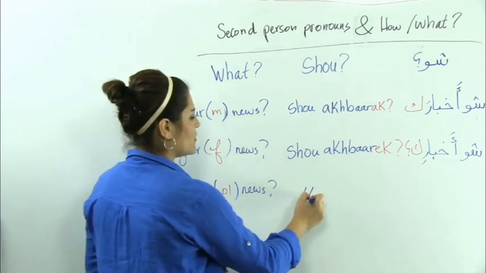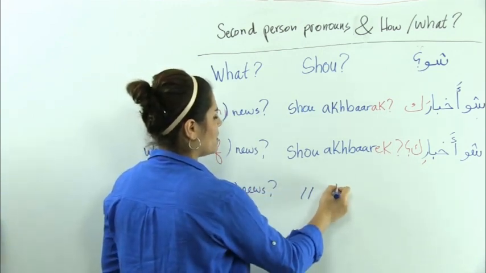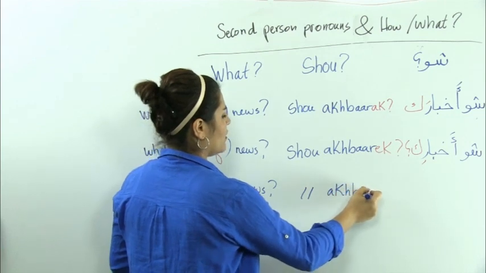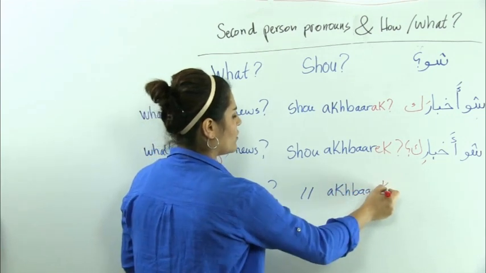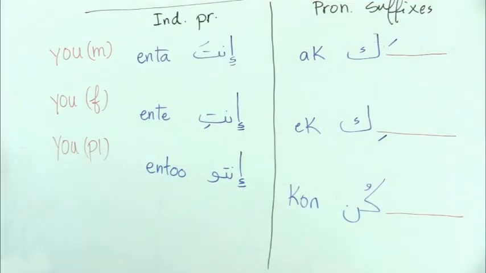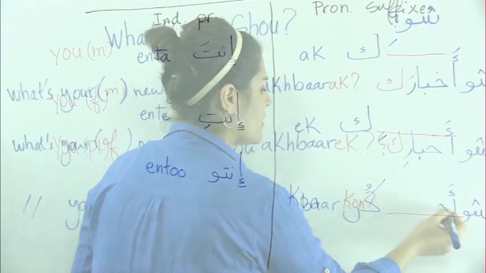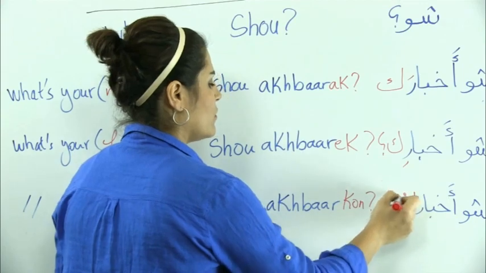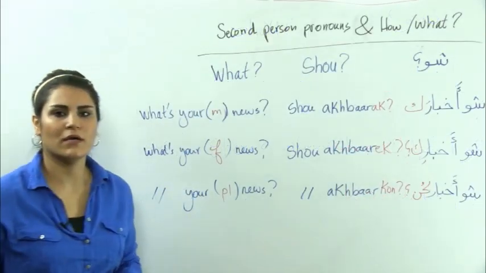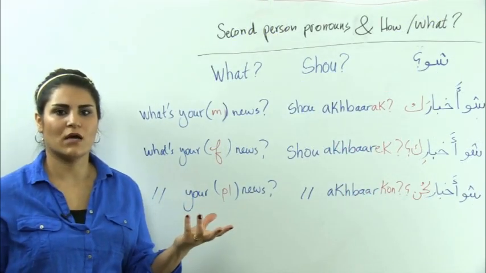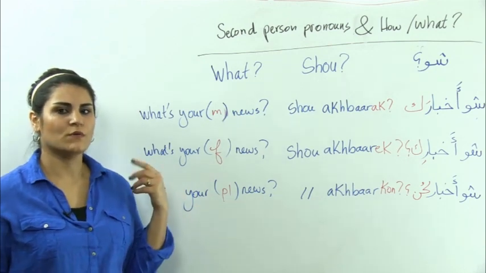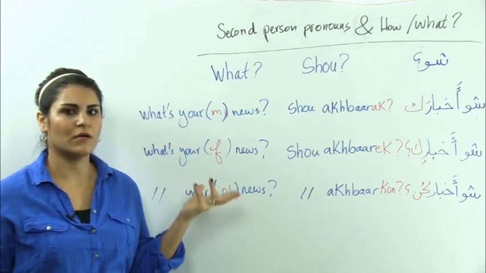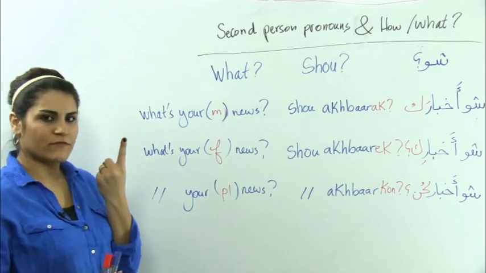The same thing, شو, and then أخباركن. I hope you didn't forget these suffixes, as you're going to be using them a lot in the future. So شو أخباركن. This is how you can ask someone how is it going. You use the word news, أخبار. Now this is the first question.